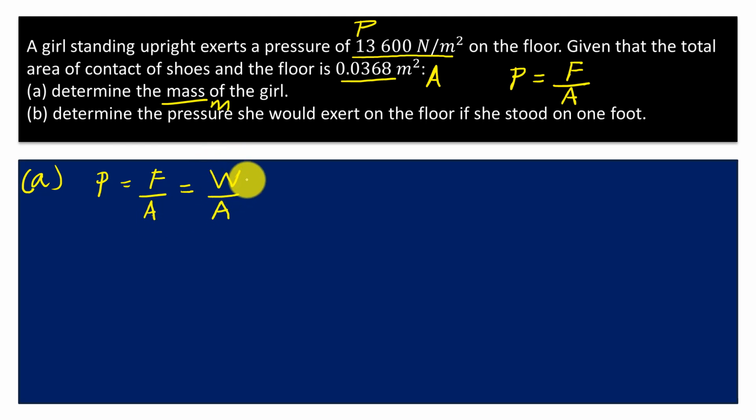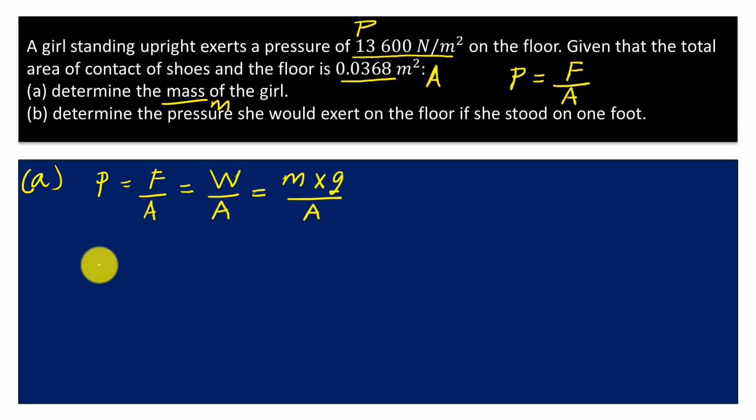Now the mention of the term weight brings to us the relationship between weight and mass. And this is where we get a connection between these three quantities: pressure, area, and mass. Now how does that come about? We know that the weight of an object is given by the mass of the object times the gravitational field strength, and of course divide by the area.